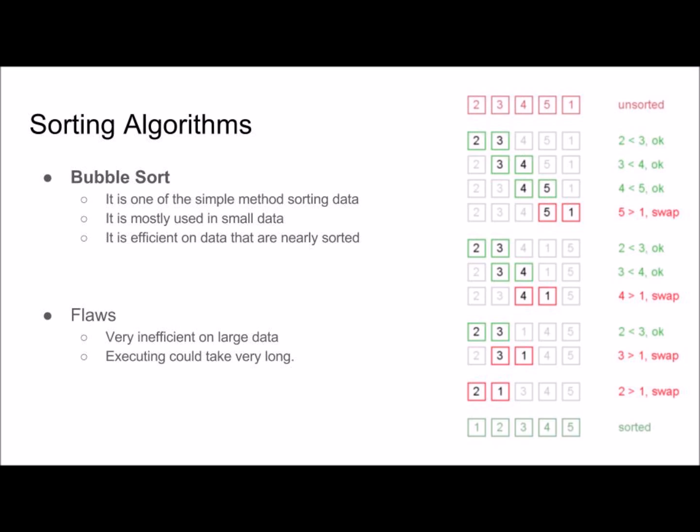Sorting algorithm: bubble sort. Bubble sort is a simple sorting algorithm, mostly used for small data and efficient with nearly sorted data. In the image to the right, we can see how bubble sort works.